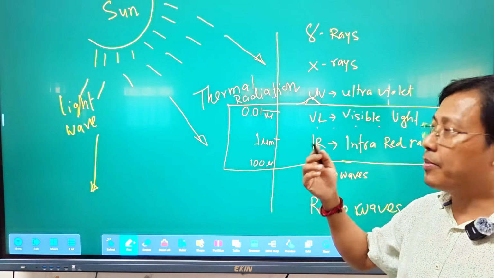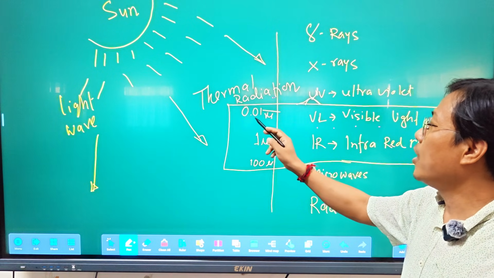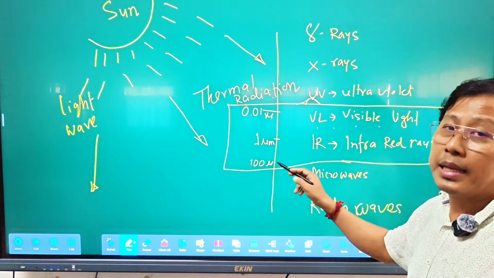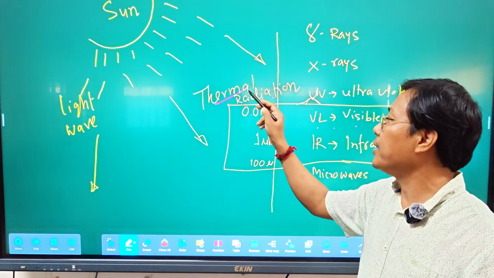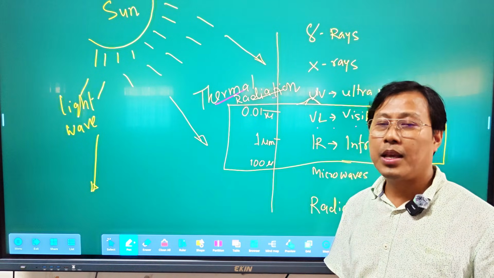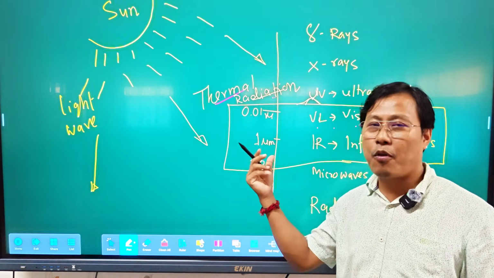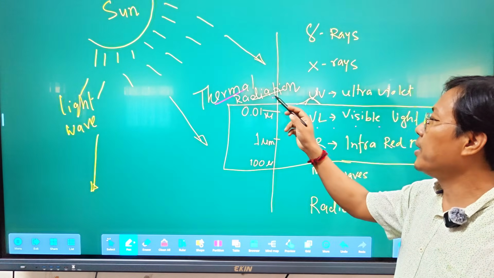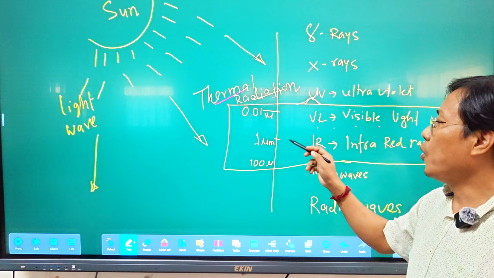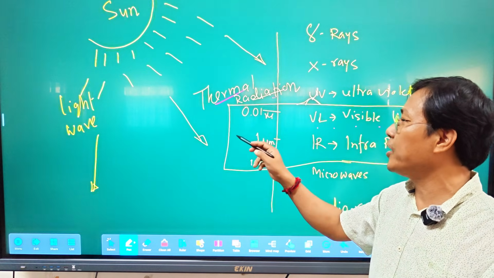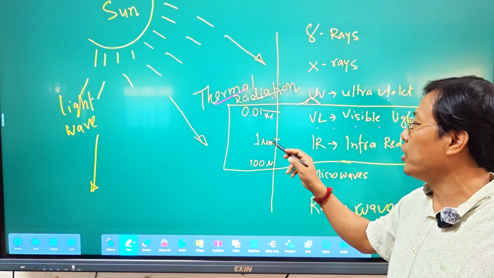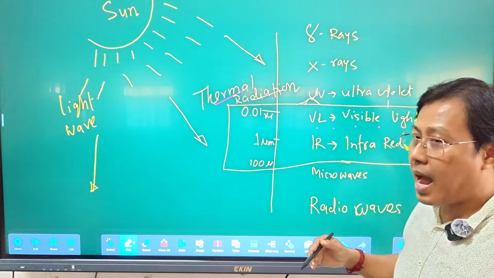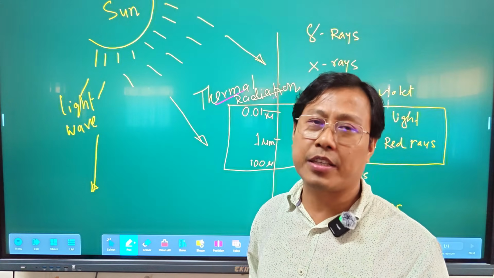The electromagnetic waves which have a wavelength of 0.01 to 100 micron provide the thermal radiation. So this is the key point of this class, where we understand that thermal radiation is caused by the waves which have a wavelength in the range of 0.01 micron to 100 micron, and all other waves do not provide radiation heat transfer.